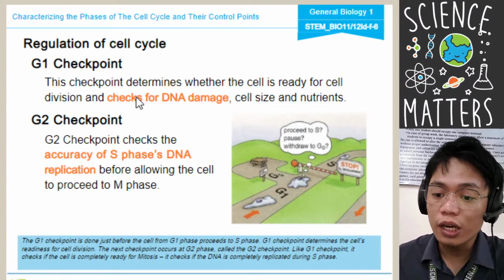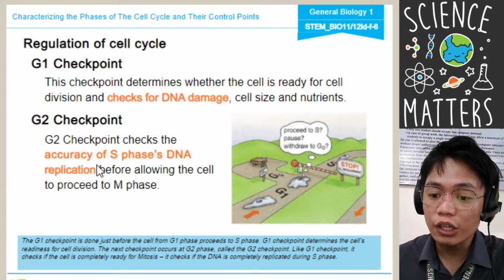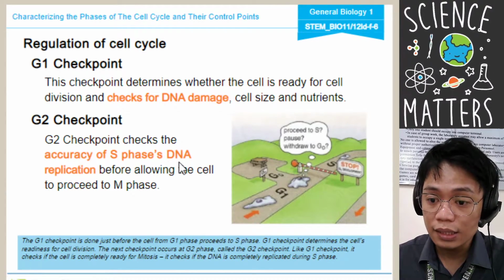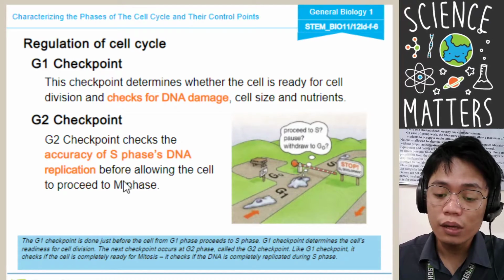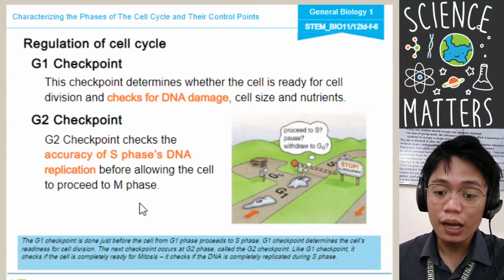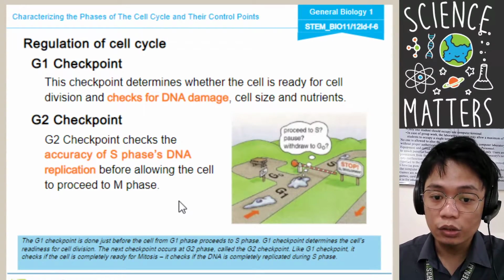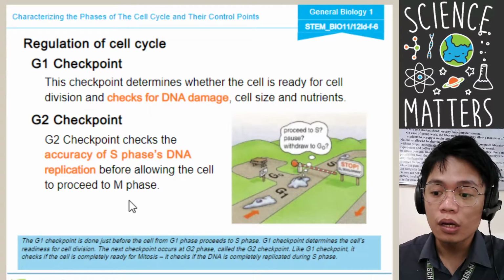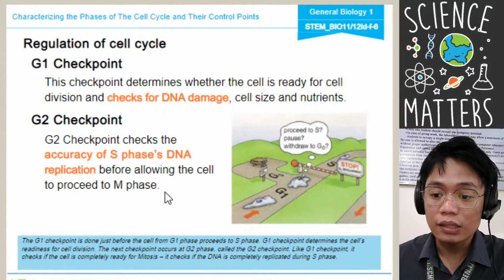So in the G2 checkpoint, it checks the accuracy of S phase's DNA replication. So it makes sure that all the DNA is accurately replicated for creating two identical daughter cells.